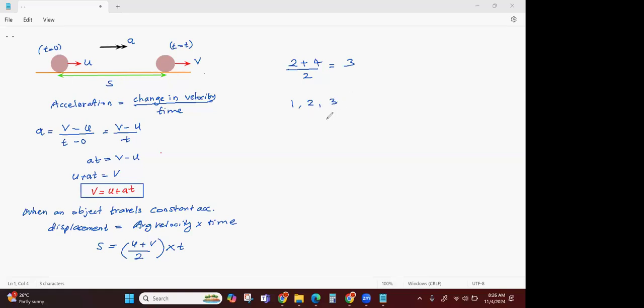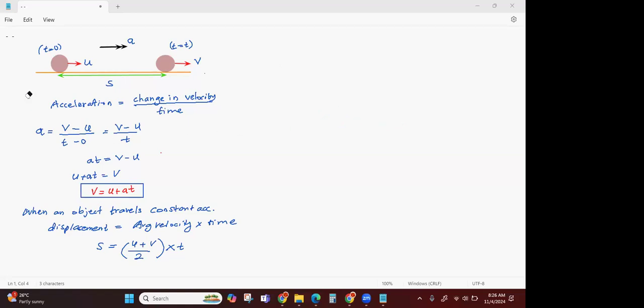If you want to find the average of these 3 numbers, 1 plus 2 plus 3, we have to divide by which number? 3, because there are 3 values. So here, because there are 2 velocities, you divide by 2. We have taken 2 values, u and v, so therefore we have to divide by 2. Is that clear? Yeah. Okay.